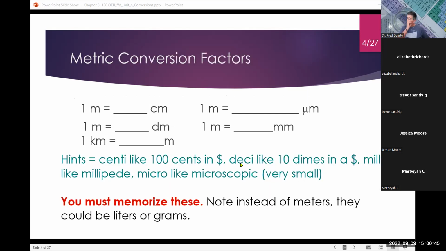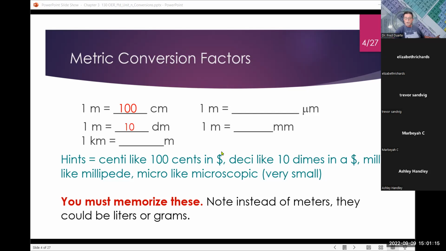Okay. And so a meter, we see here, is equal to, we see the units of cm, meaning centimeter. Centi is like 100 years in a century. Therefore, there are 100 centimeters in a meter. 1 meter is equal to, I see dm for deci, 10. So we've got 10 decimeters.